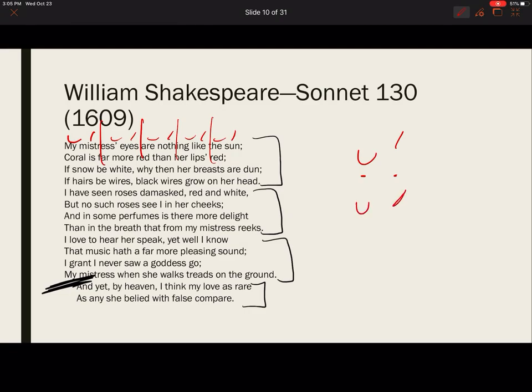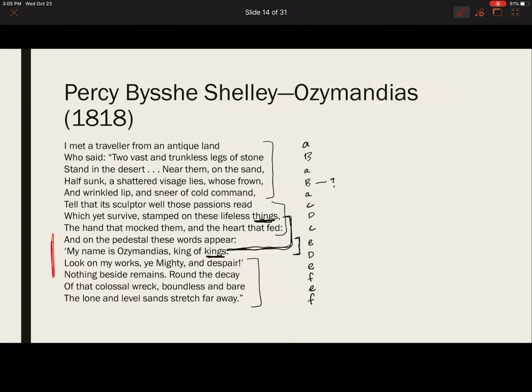Okay, this is what the loop and the accent are, all right? I grant I never saw a goddess go. I forgot to do. Okay, that's a mess, but as any she belied with false compare. All right, there we go. So that's iambic pentameter.